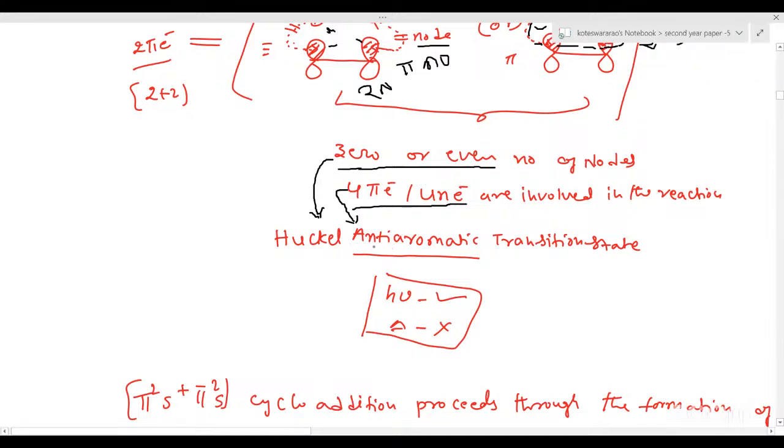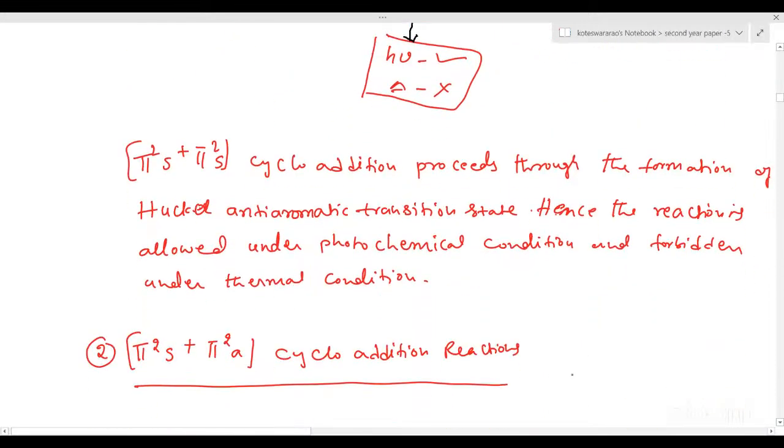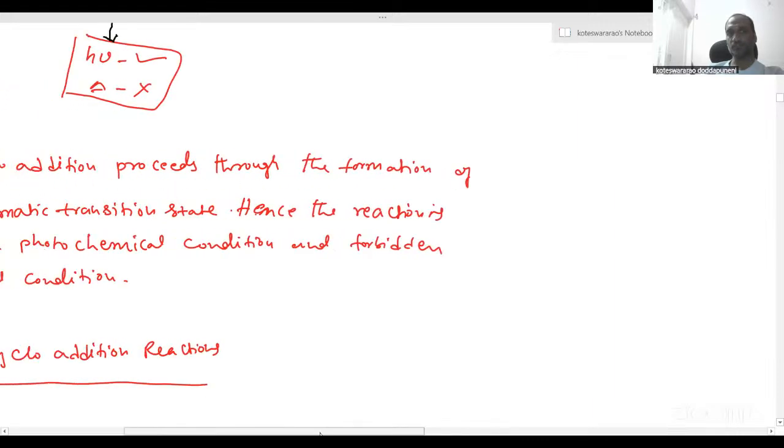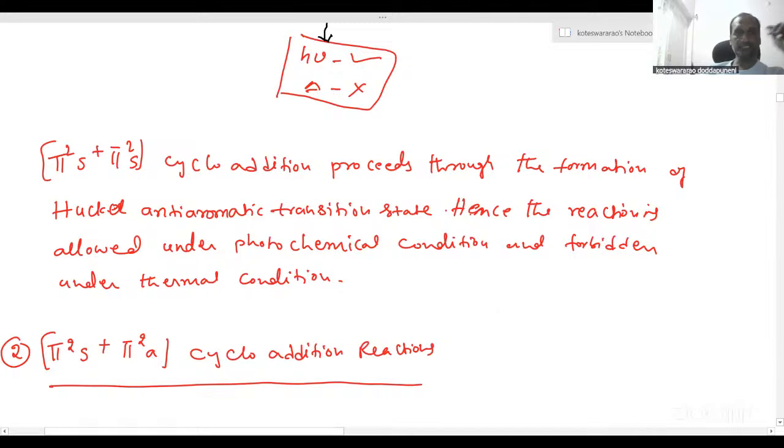Once it becomes an anti-aromatic transition state, the reaction is photochemically allowed and thermally forbidden. This is the conclusion: pi 2s plus pi 2s cycloaddition proceeds through the formation of a Huckel anti-aromatic transition state. Hence, the reaction is allowed under photochemical condition and forbidden under thermal condition.